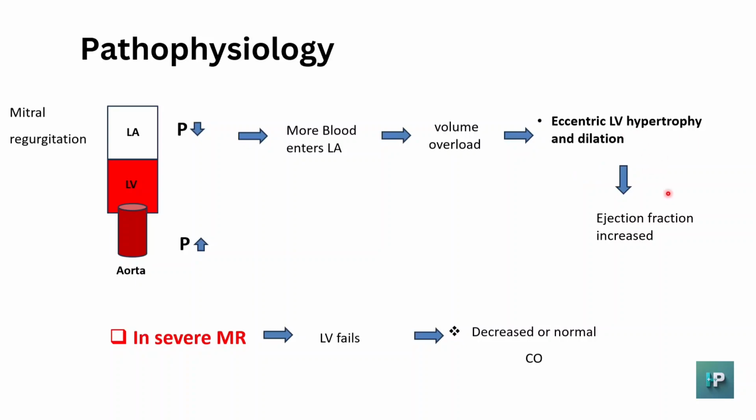And because of this the ejection fraction will be increased. So in case of mitral regurgitation the ejection fraction is increased, but in case of severe mitral regurgitation the left ventricle fails so that it cannot push more blood, which causes decreased or normal cardiac output, that is, ejection fraction.